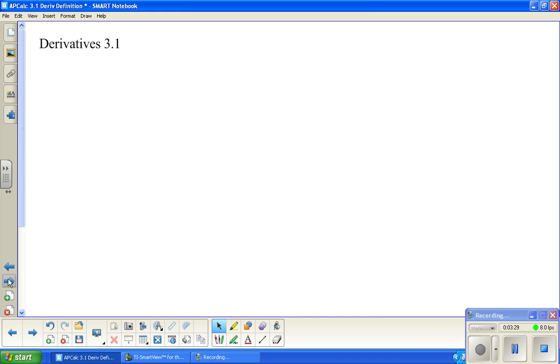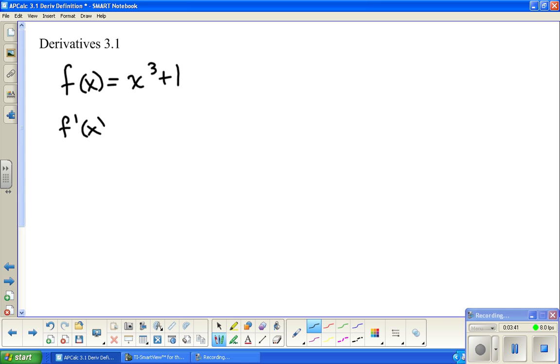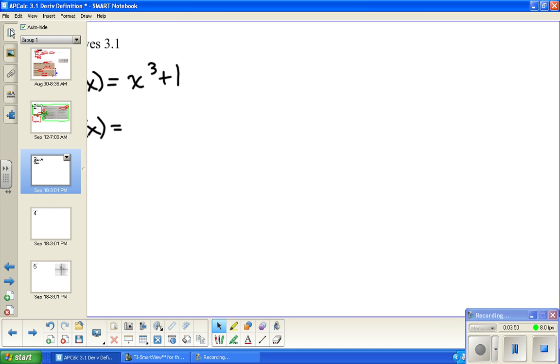Well, this looks like an exciting screen. There's nothing there yet. So f of x, let's just start with a pretty normal function. And if we're going to find f prime, that means we need to do derivative. Now you might recall, let me pop back over here.